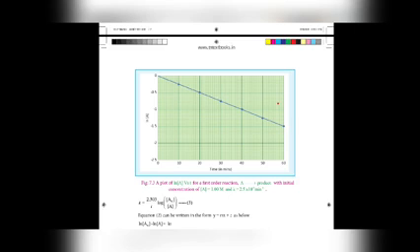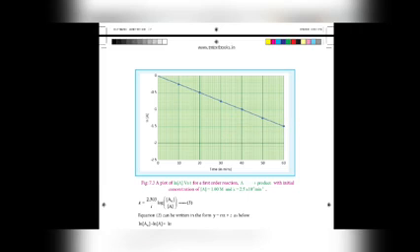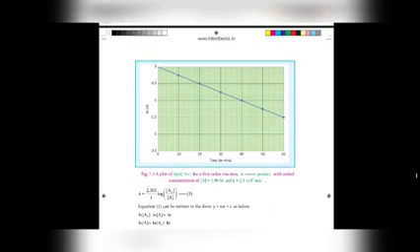By using the formula m is equal to dy by dx. m means slope. So by using the formula we can calculate dy by dx is equal to slope. So from the graph we can find out the slope m.